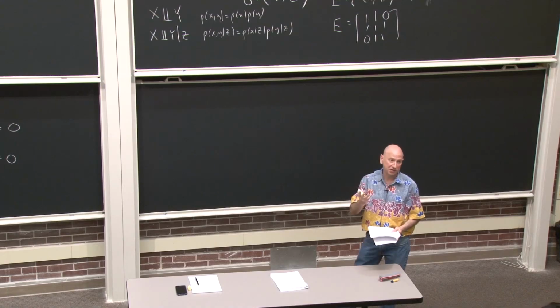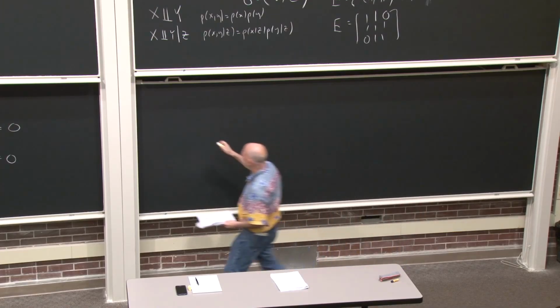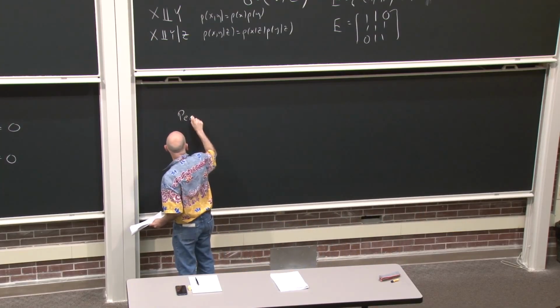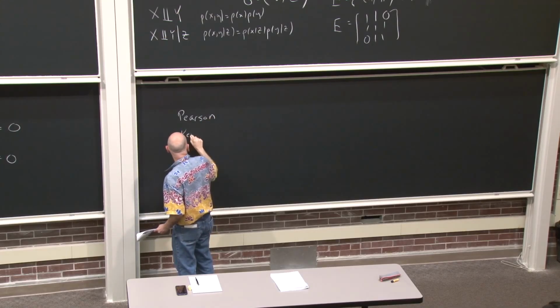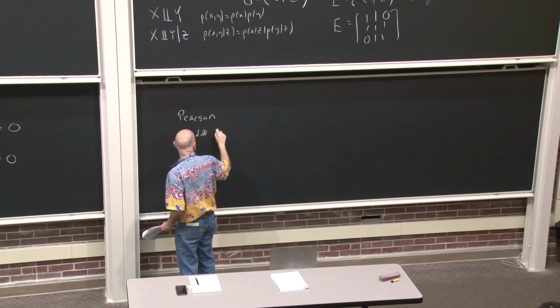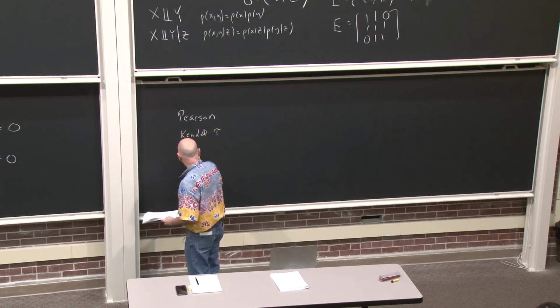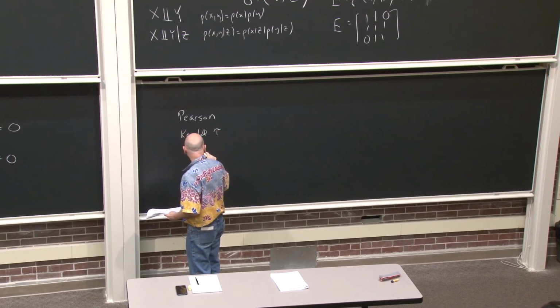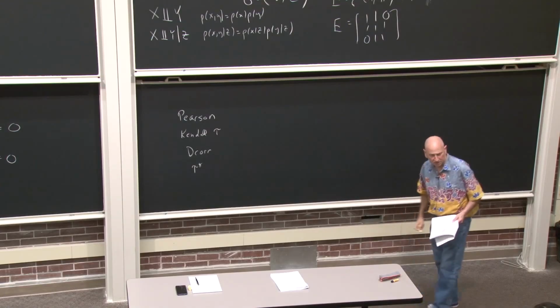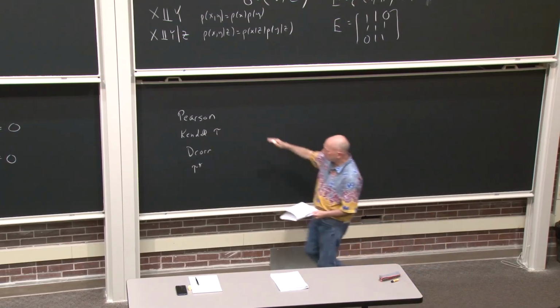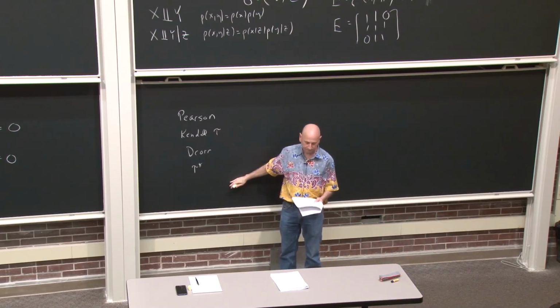And then 2 newer ones, which are interesting because they have different properties and people are still figuring out those properties. The 2 oldies are the Pearson correlation, which I'm sure you've seen before, and Kendall's tau. The 2 newer ones are the distance correlation and what's called tau star. So we're going to look at 4 different measures of association. We can build a graph from any one of these 4.